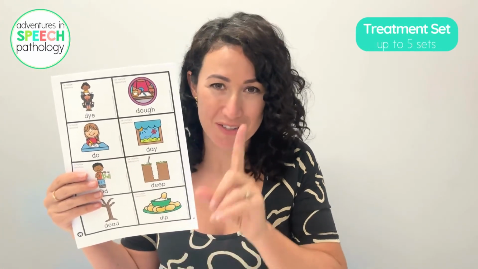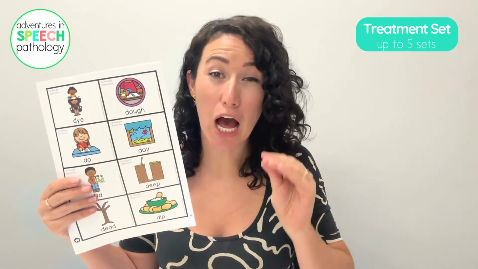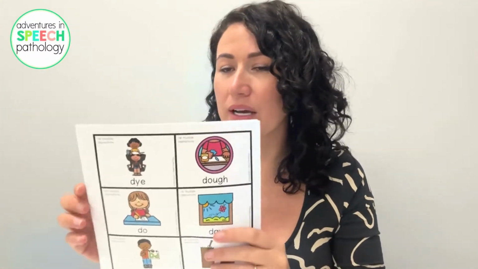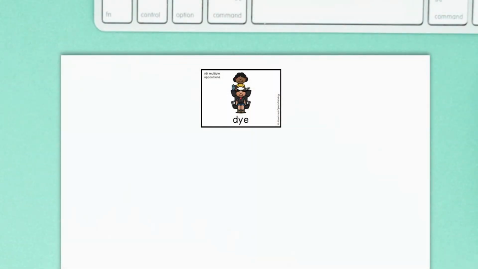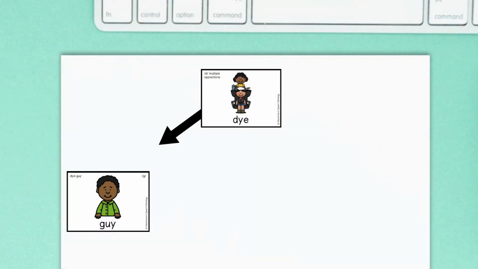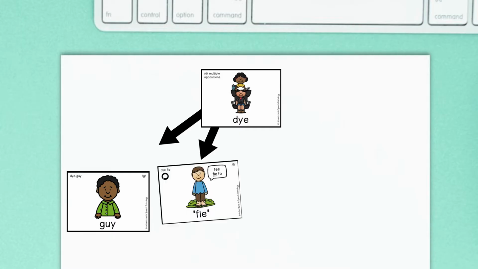Now, what is so easy about these sets that we have is that you are creating a treatment set, right? And not just one, you're creating up to 5. And because we have 8 words on each page, there are potentially 8 treatment sets that you can make. By a treatment set, what I mean is we're going to be contrasting, for example, the word die with guy, with phi.